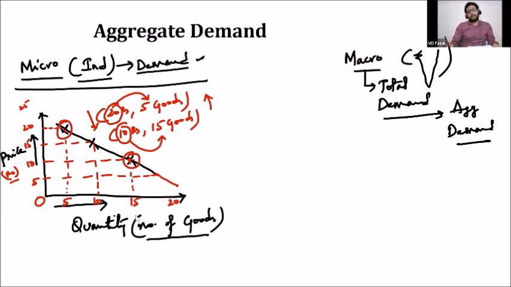From my pocket, I invest 20 rupees. I am getting only 5 goods. So what do you think now? I'll wait, because the price of this good is very high.